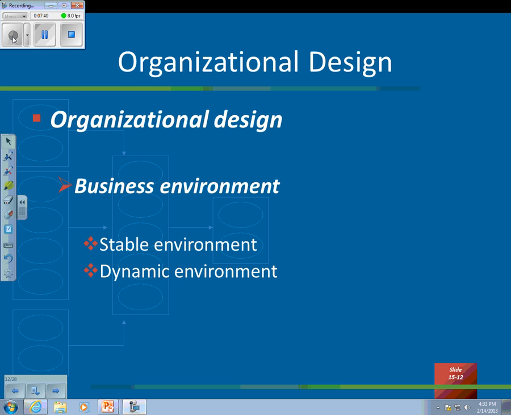Okay, let's look at organizational design and look at just some of the typical ways that we differentiate organizations based on the business environment. When we look at the business environment, we're really talking about the external environment. We're talking about competition.